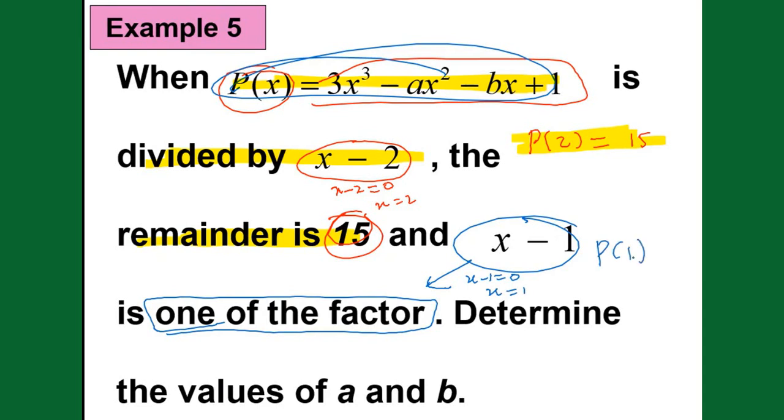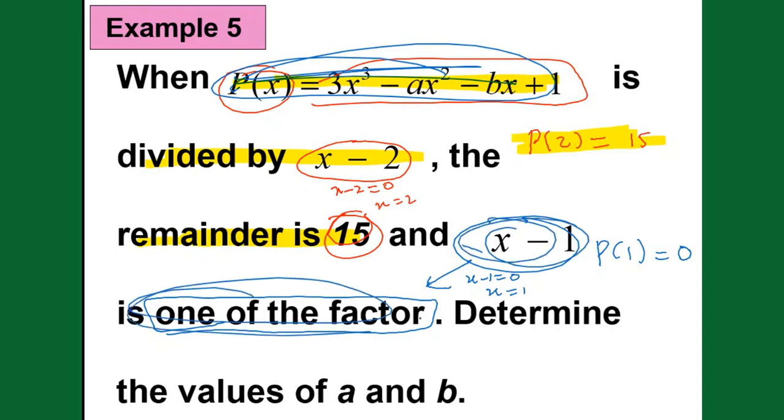P of 1, one of the factors means that no remainder. So this polynomial, when divided by x minus 1, has no remainder. The factor means that there is no remainder. So P of 1 is equal to 0.